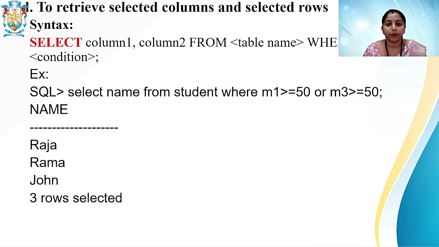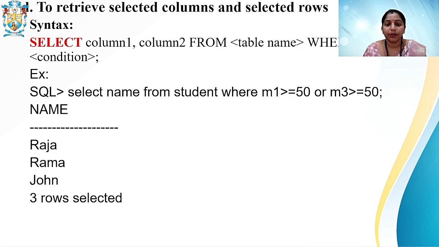Select name from student. So here the name column of the student table, where marks 2 is greater than or equal to 50 or marks 3 is greater than or equal to 50.